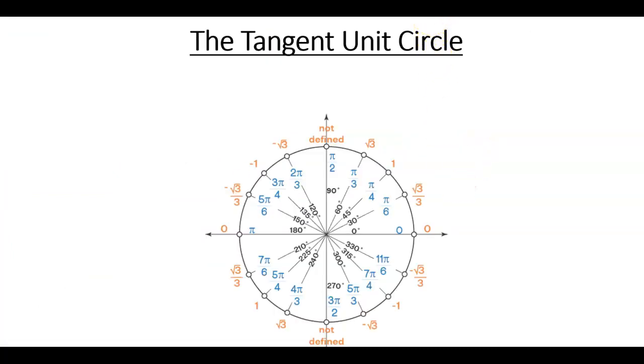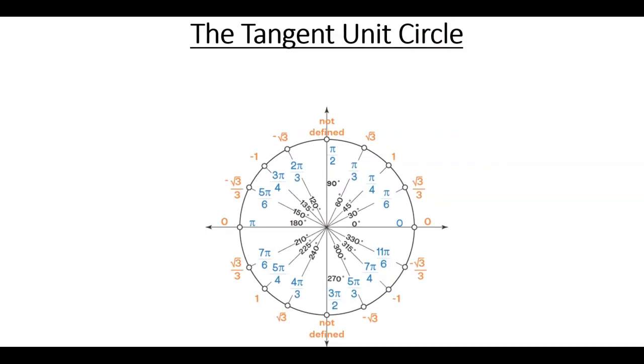The reason for that is that figuring out tangent takes time, and when we're working backwards, it's really difficult that way. So it's going to be really helpful to have a unit circle with the tangent values on there.